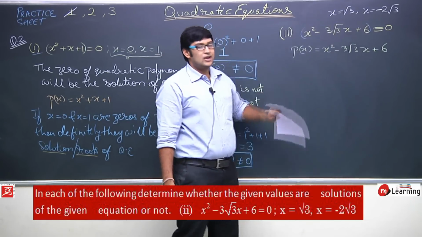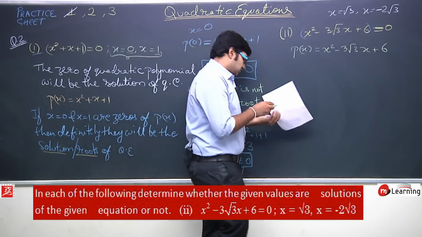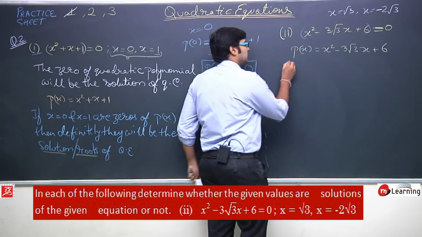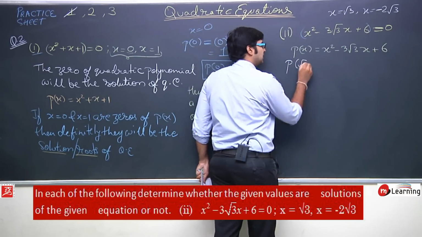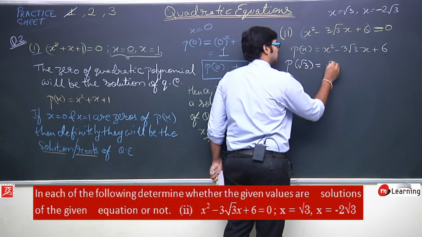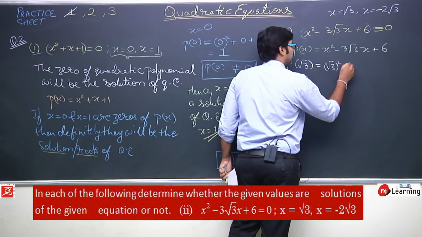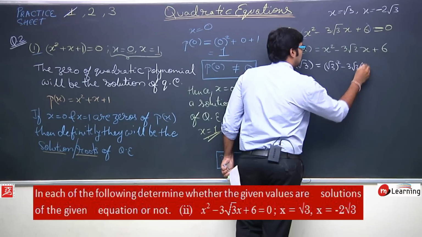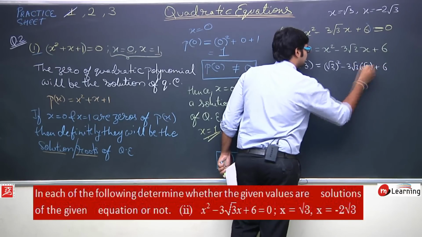When you substitute the value of x, that is root 3. So let us first substitute the first value. So p of root 3 is equal to root 3 square minus 3 root 3 into root 3 plus 6.